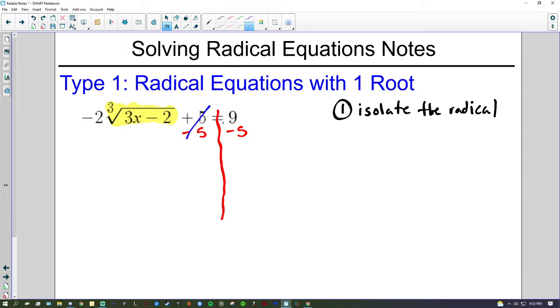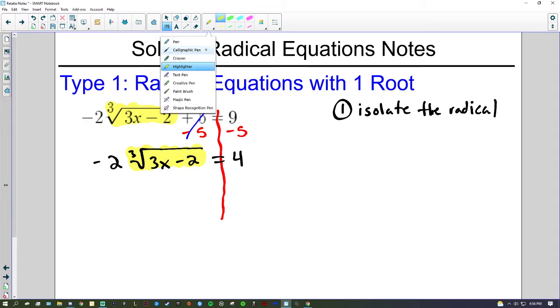So canceling this out, we have negative 2 times the third root of 3x minus 2 equals 9 minus 5. That is 4. Okay, let's highlight that again because I do not think it's by itself yet, but we're getting closer. So we're one term closer to isolating the radical, but we still have this negative 2 here.